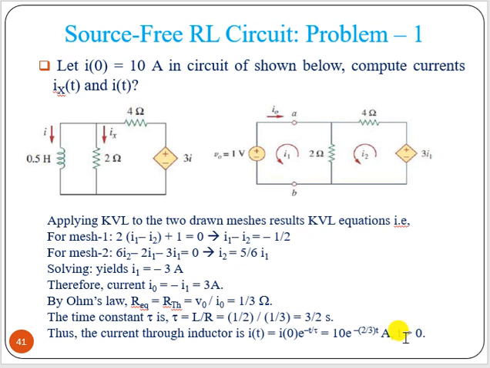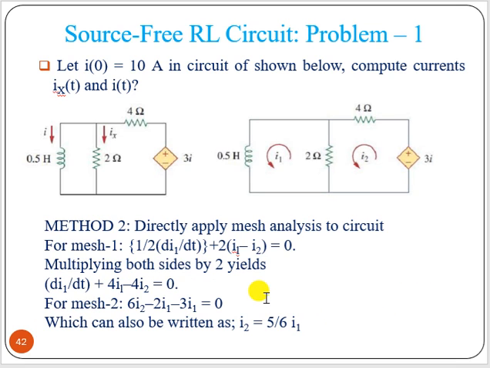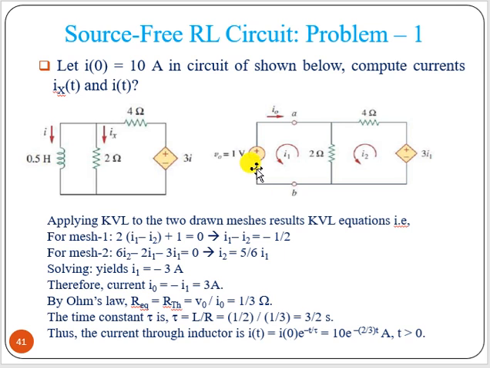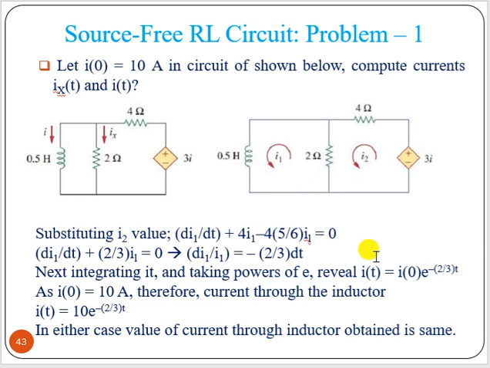L by R is 3 by 2. So in both cases, one approach is applying Thevenin's rule, inserting a voltage source and solving to find RTH, or we can form the differential equation to solve it.